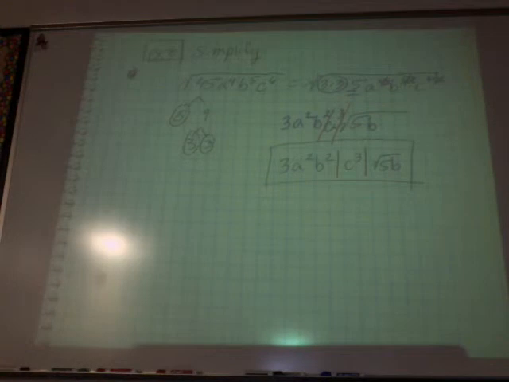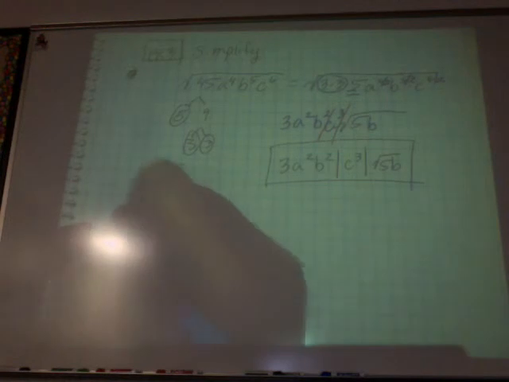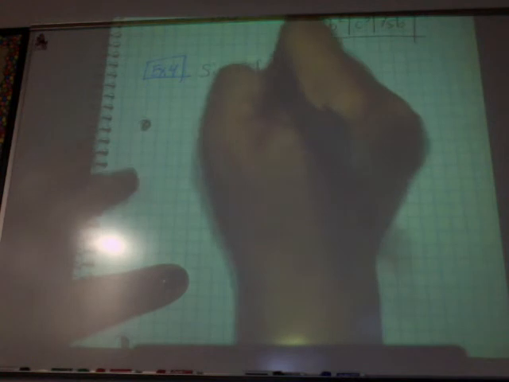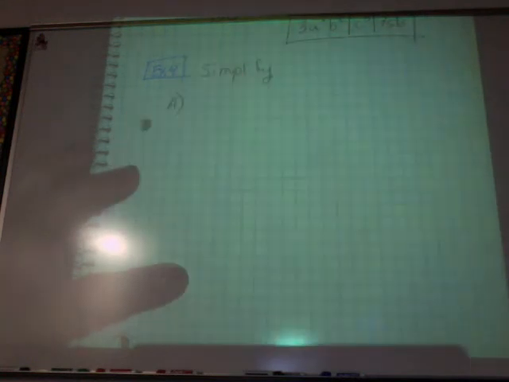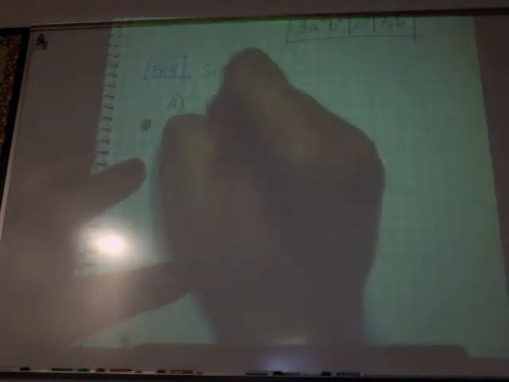All right, then we're going to simplify fractions. So example 4. Simplify. So here we've got the square root of 12 over the square root of 15.